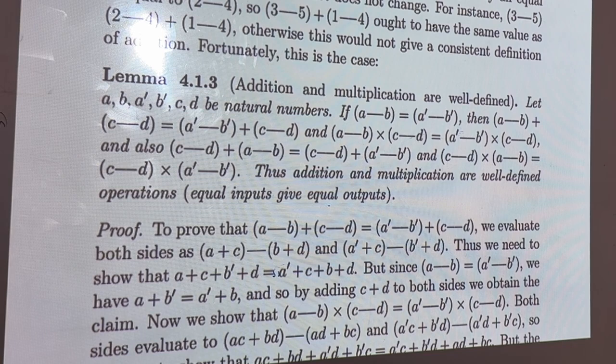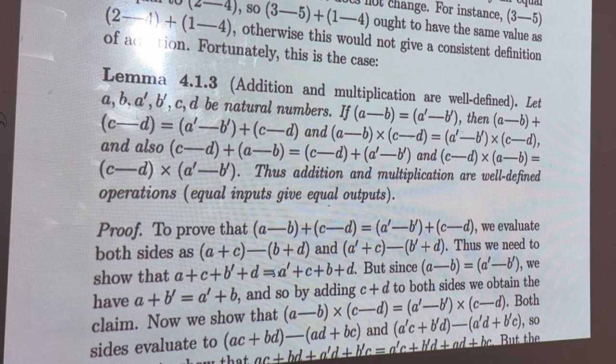When you evaluate, you get a plus c over b plus d, and a' plus c over b' plus d. So we evaluate both sides of this. We need a plus c plus b' plus d, no?